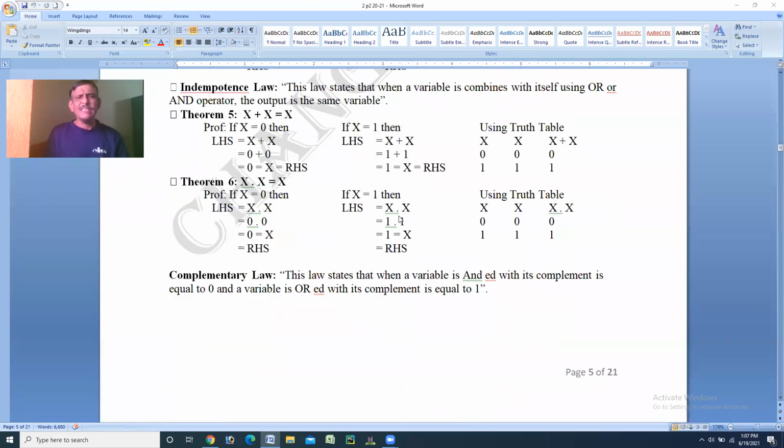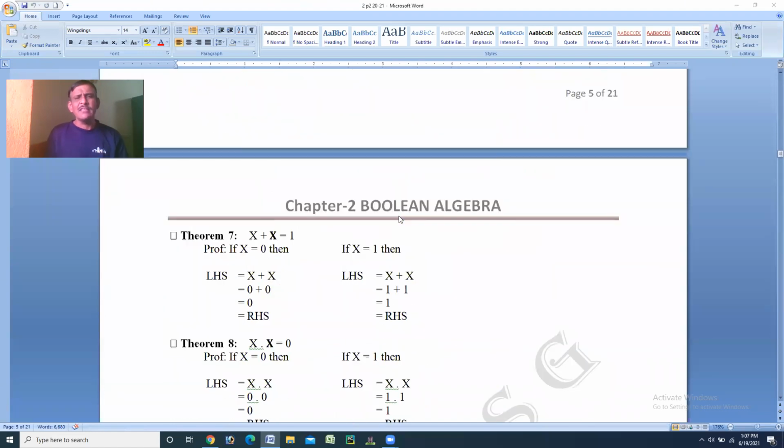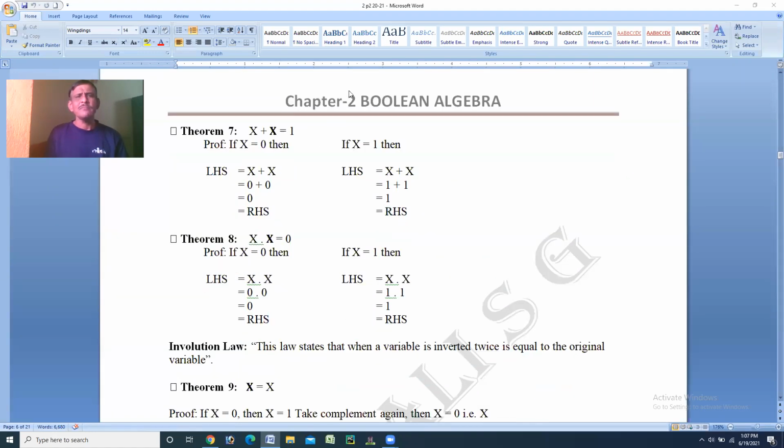So based on this, we have the theorems. That is theorem number 7: x plus x complement is equal to 1.